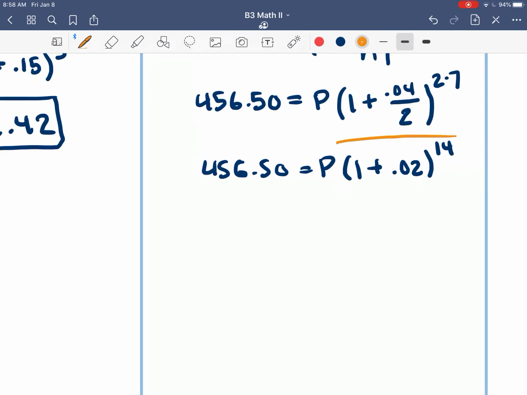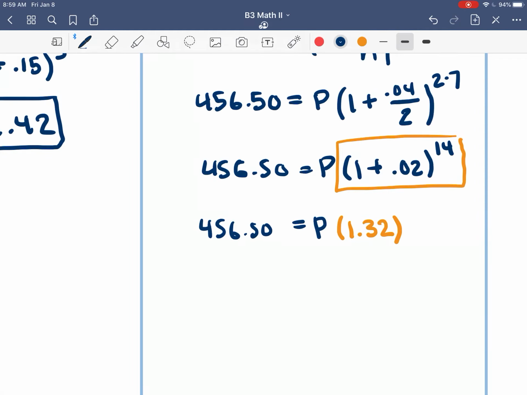Now what we can do is we can plug this into a calculator to see what value that gets us. And I encourage you to pause so you have enough time to plug it in. But that number should give you 1.32-ish. And then we still have 456 on this side.